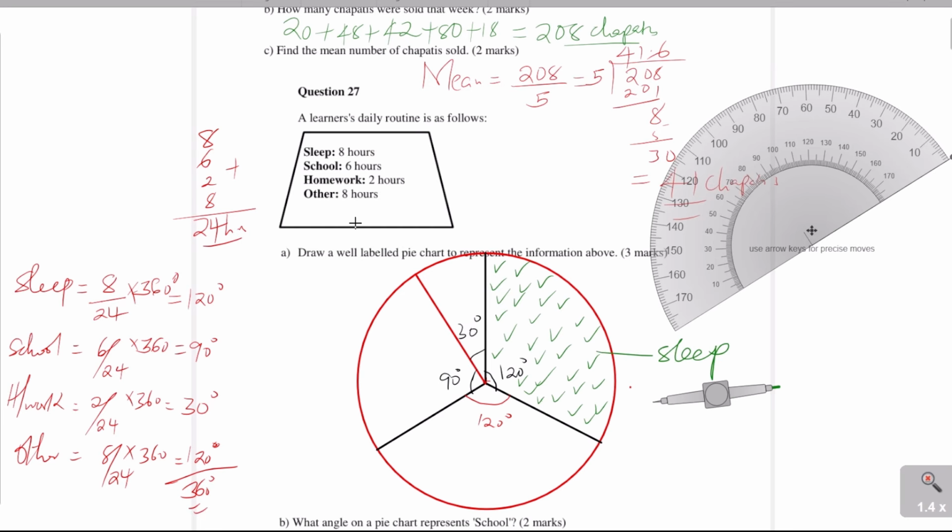Then followed by others. So this is others. Then for 90, this is school. So for school, I decide to shade it like that.